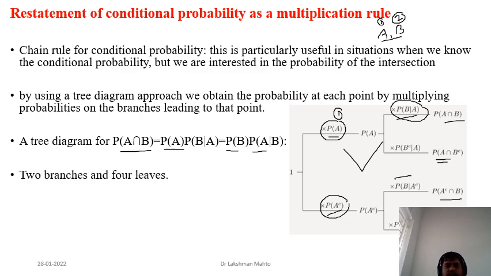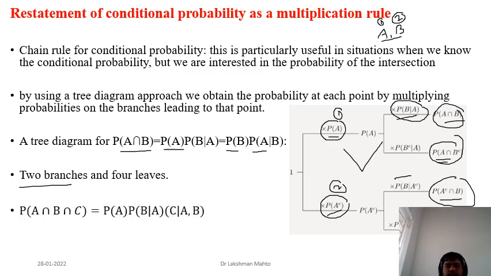Okay, so here what we observe is there are in total two branches, branch one and branch two, and how many leaves do we observe? Four leaves: leaf one, leaf two, leaf three. So there are four leaves. That's the way we can calculate the four conjunction probabilities using the conditional rule.